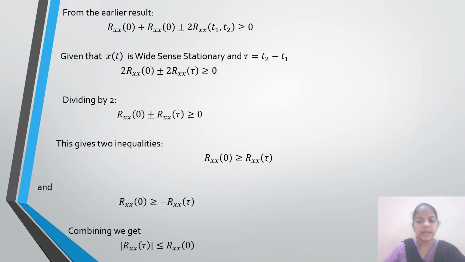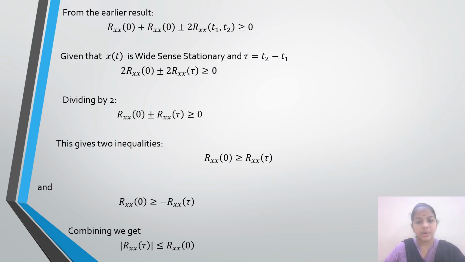From the earlier result, that is from property 1, expectation of x square of t is equal to Rx of 0. By substituting Rx of 0, we get Rx of 0 plus Rx of 0 plus or minus 2 into Rx of t1, t2 greater than or equal to 0.